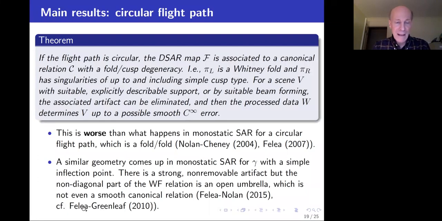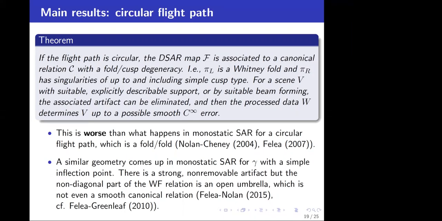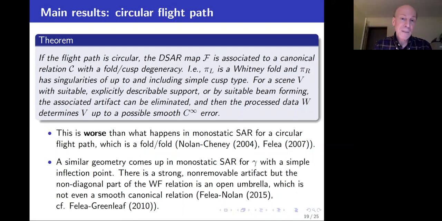It also came up in a seismology problem that Reluk and I studied involving caustics of cusp type. But it also comes up in monostatic SAR for gamma with an inflection point. So it's known that the artifact is strong, and it's even worse than before because it's not even a smooth set, not everywhere.